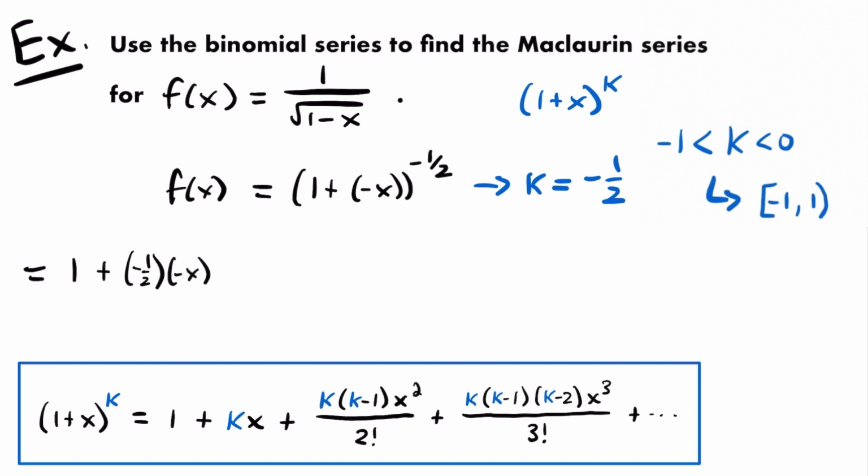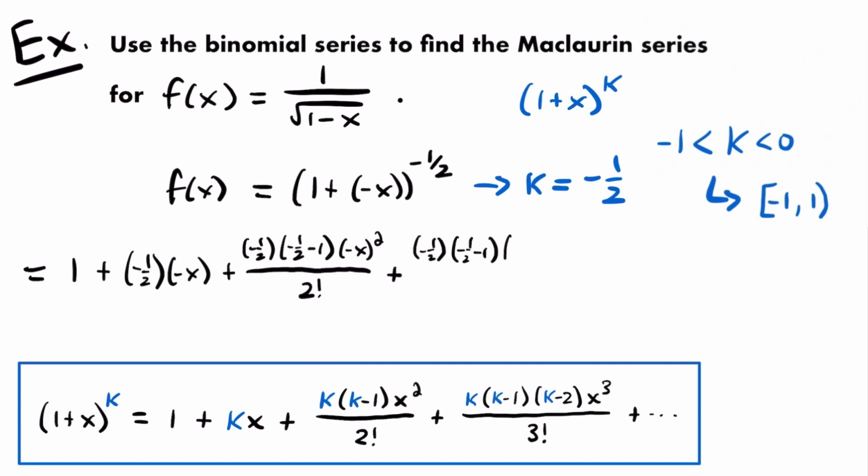Then for our next term, we'll have plus k, which is -1/2, times k minus 1, so -1/2 minus 1, and then times -x squared, right? X squared will become -x squared. And that is all divided by 2 factorial. Okay, then for our next term, we'll have k, which is -1/2, times k minus 1, so we have -1/2 minus 1, then k minus 2, so -1/2 minus 2, times x cubed, but we're going to have -x cubed divided by 3 factorial.